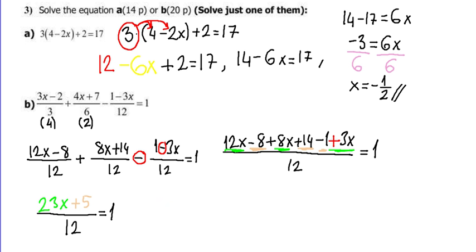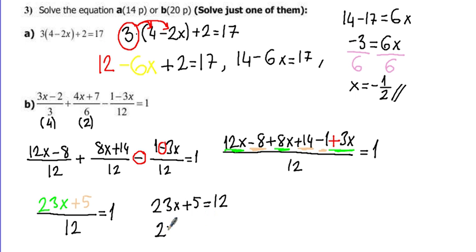From here, if we make cross product, also we can see that 23x plus 5 over 12 is equal to 1, in which case it's possible. What division gives the result 1? If we divide the same number by the same number. So 23x plus 5 is equal to 12.